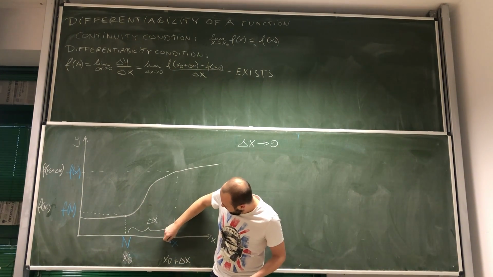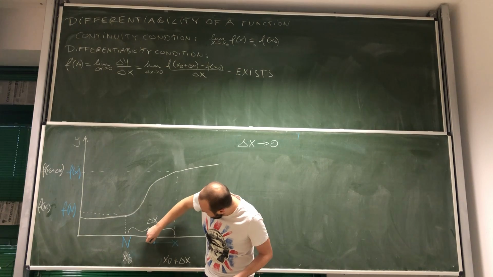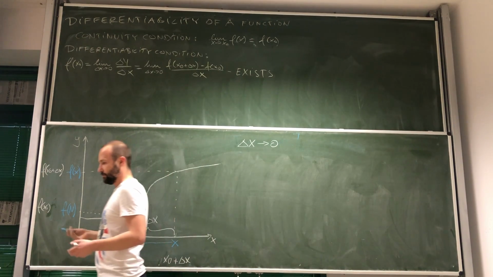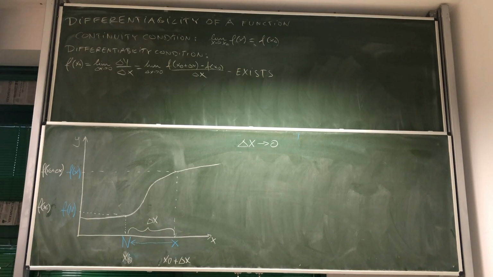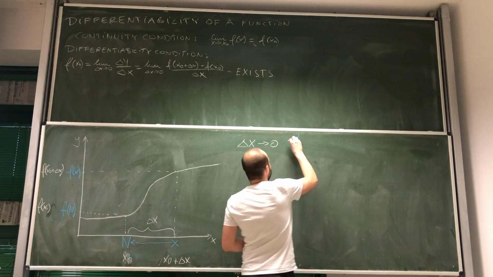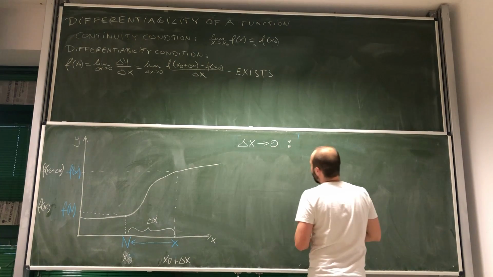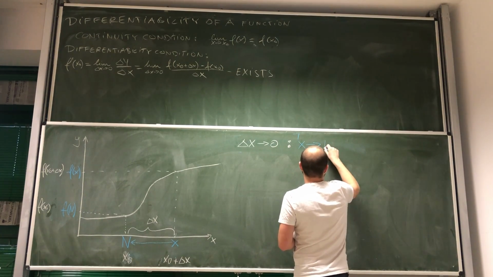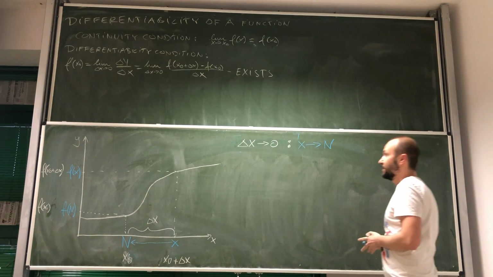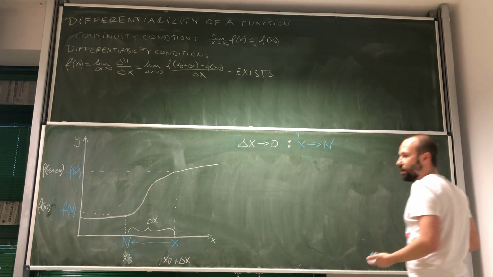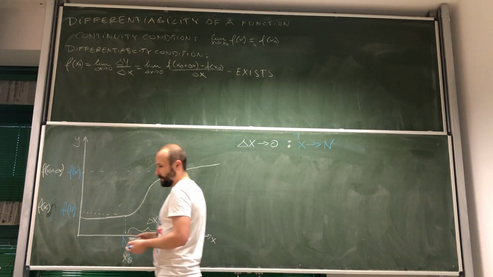We will see that our x is getting closer and closer to n. So, in other words, we can replace this symbol with x approaching n. Well, and this actually makes our job easier right away.